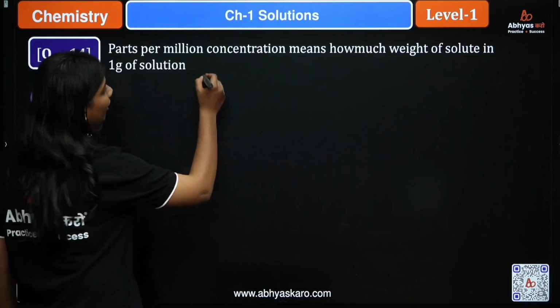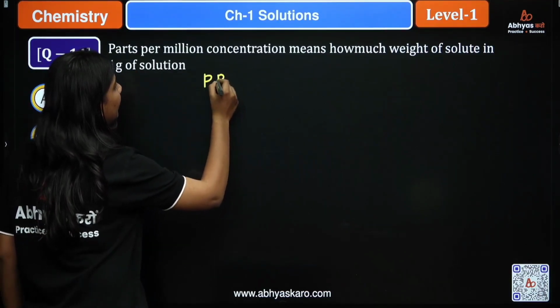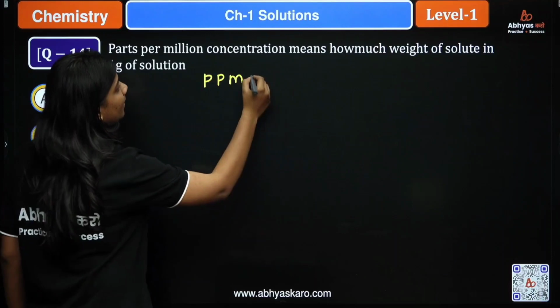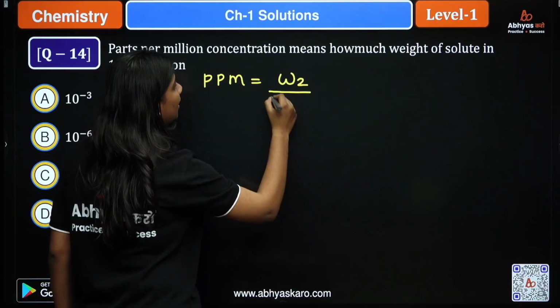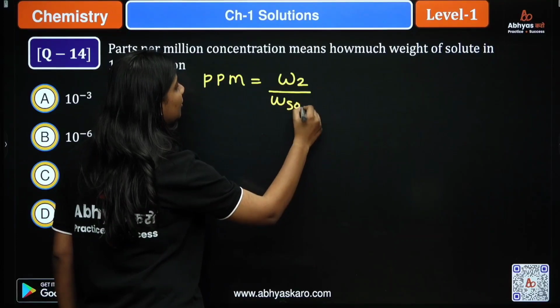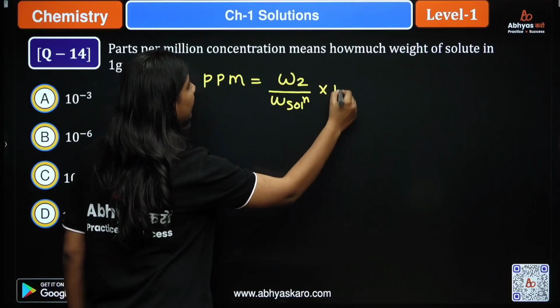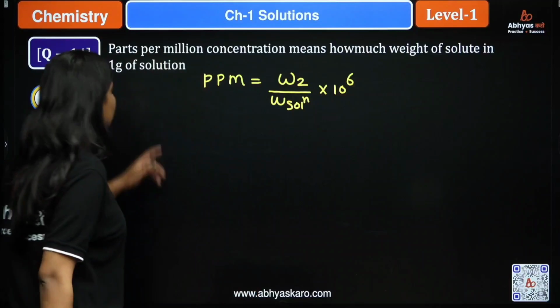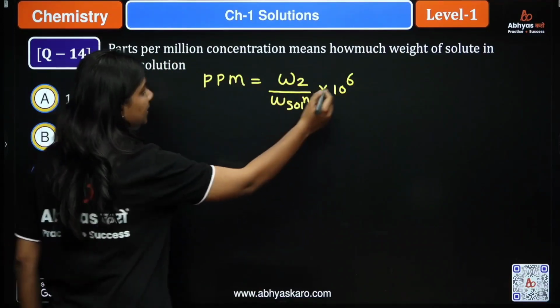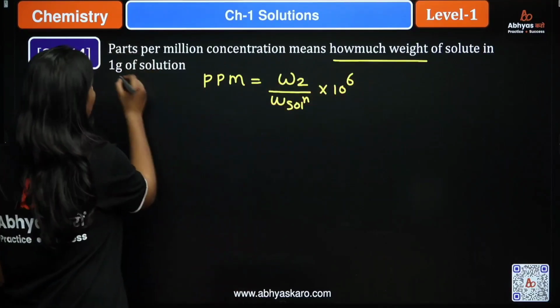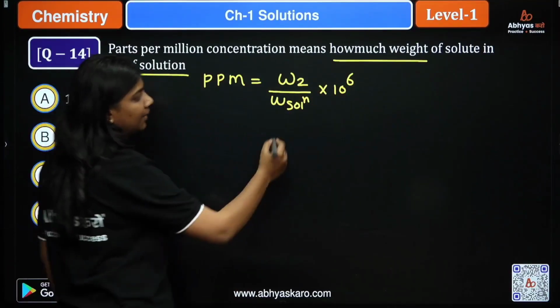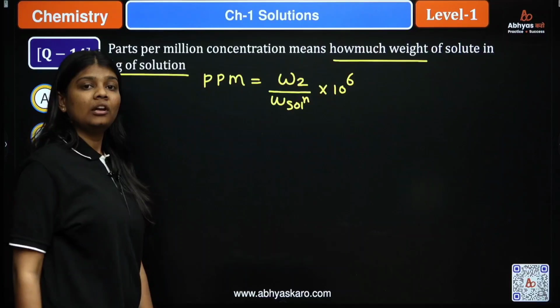So here we can write ppm is equal to weight of solute upon weight of solution into 10 raised to 6. Parts per million concentration means how much weight, that is W2, of solute in 1 gram solution. So they are giving the value of weight of solution.